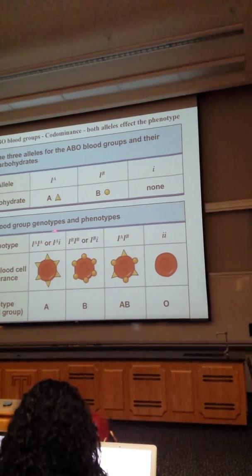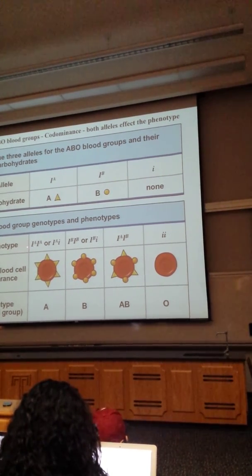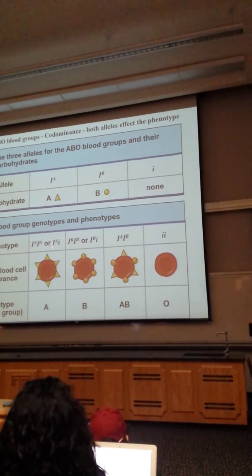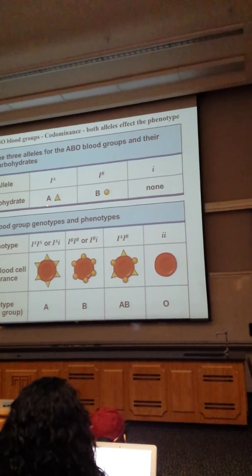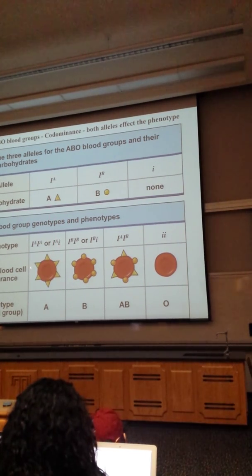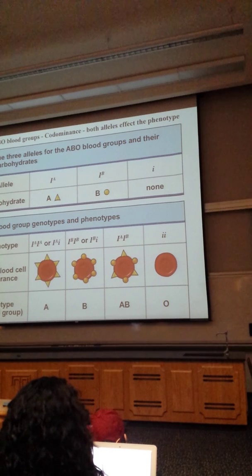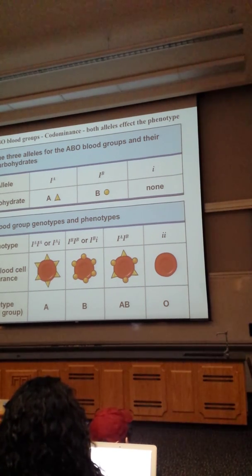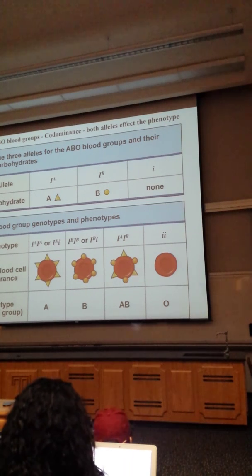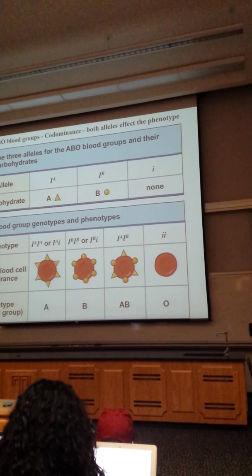What I would also stress is that for individuals who are of blood type A, if they're this heterozygote, does that mean that they probably have about half the number of carbohydrate chains on their red blood cell surface? Yeah, sure. Absolutely. They only have one allele's worth, okay?